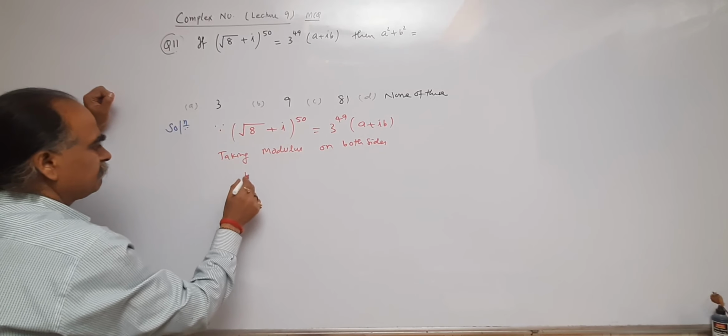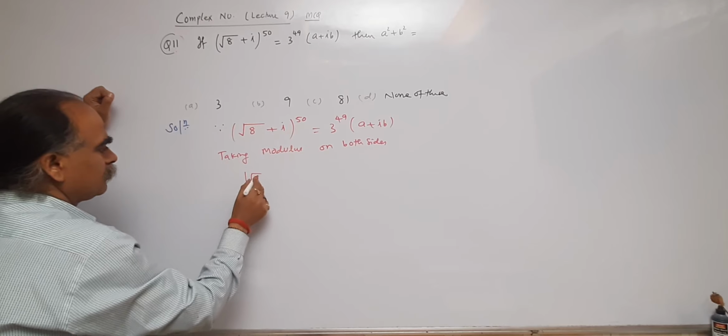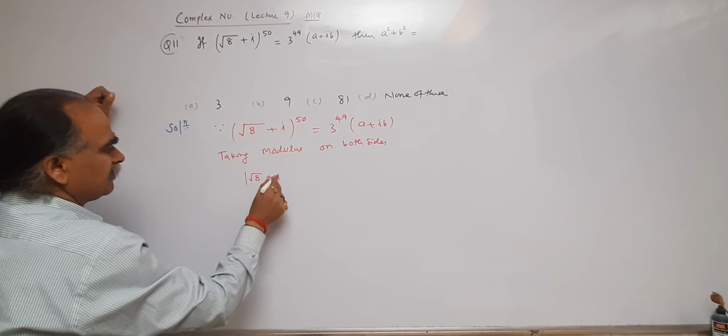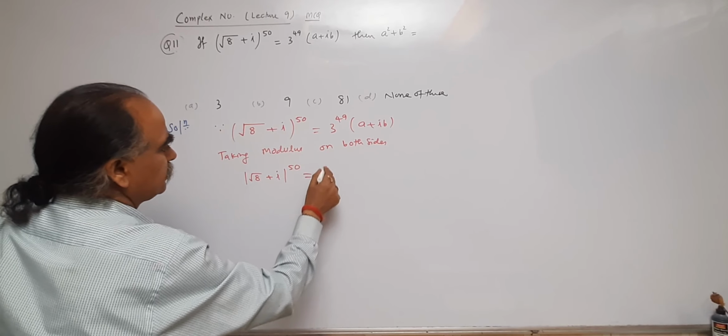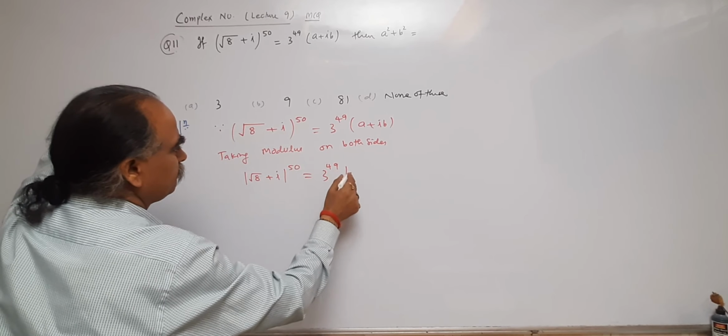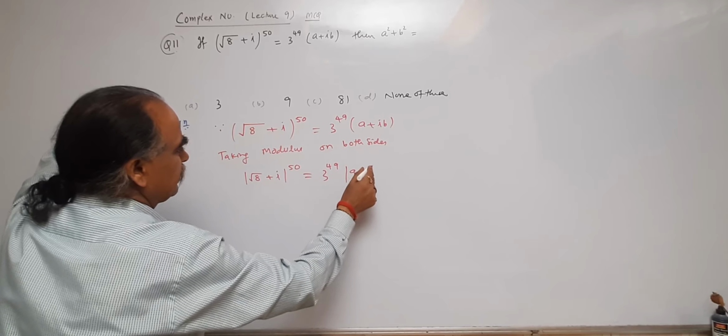So modulus of root 8 plus i raised to 50 is 3 raised to 49 into modulus of a plus ib.